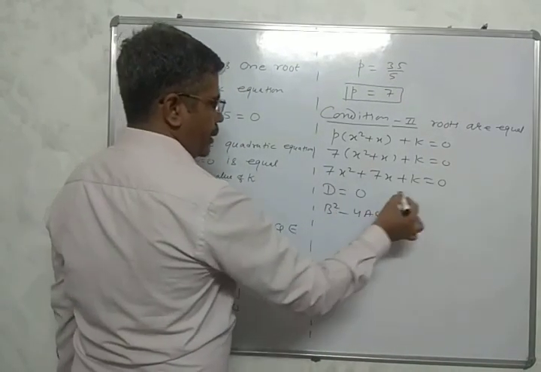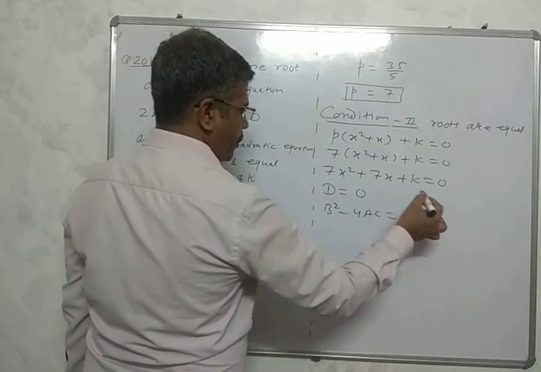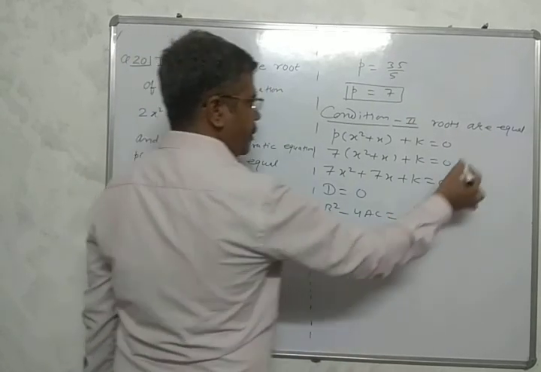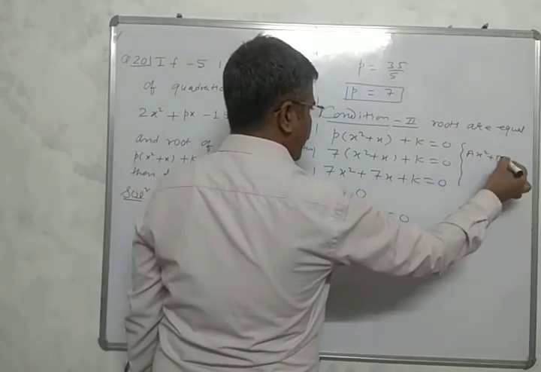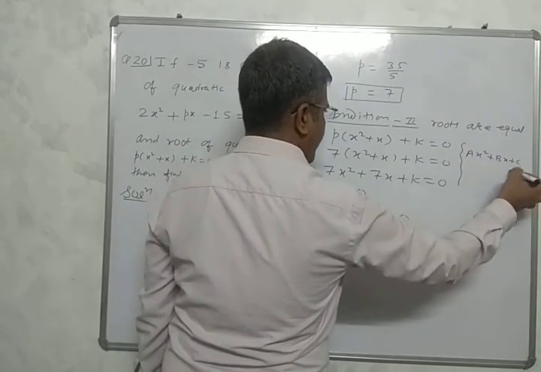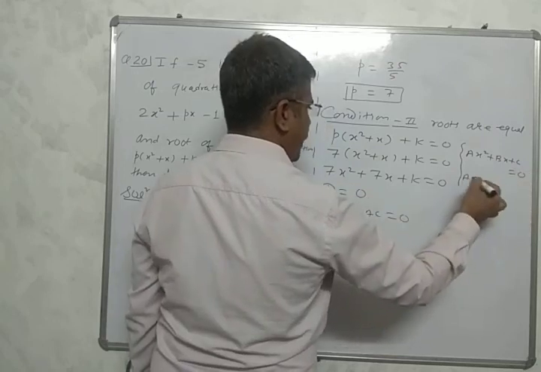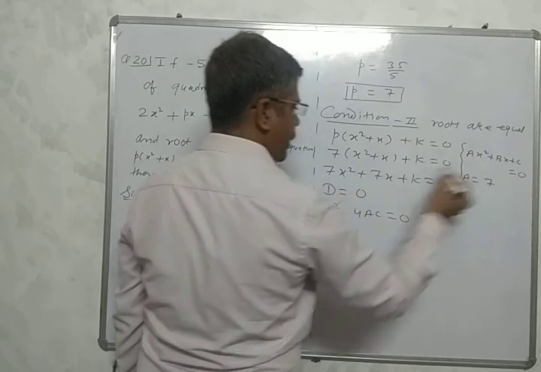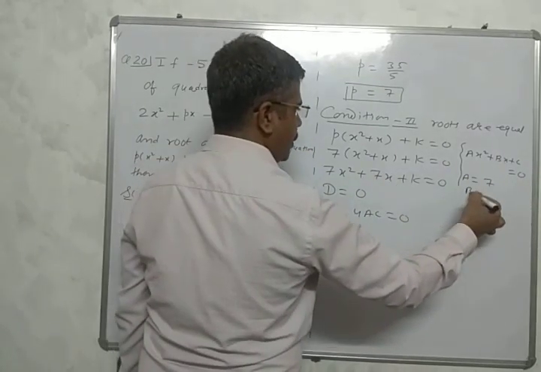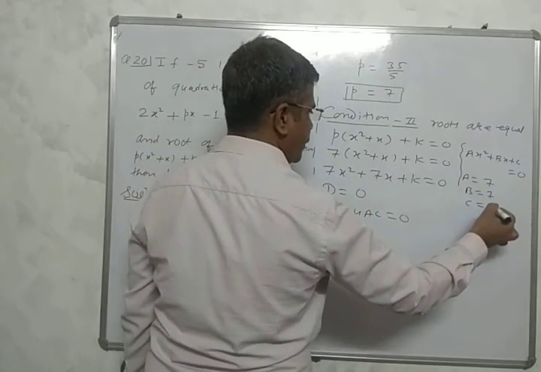On comparing with the standard quadratic equation ax square plus bx plus c equals to 0, we get a equals to 7 and b equals to also 7 and c equals to k.